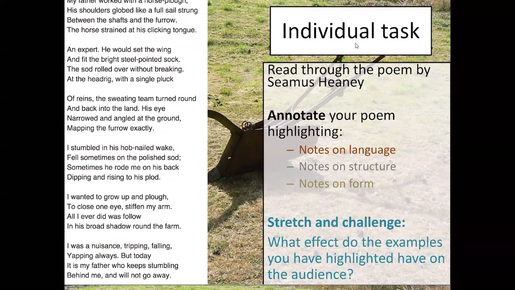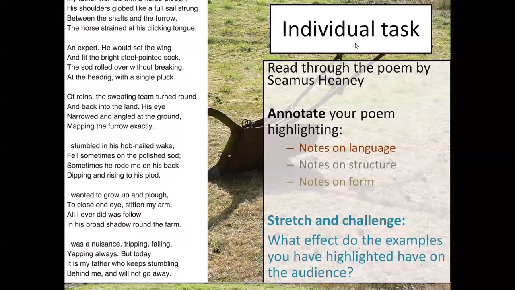But now, and we assume a substantial amount of time has passed since this memory of him working underneath his dad, it's his father who is stumbling behind him. Perhaps we can infer that that's because he's old and struggling in the latter years of his life. So this poem generally can be sort of summed up as a commentary on the relationship between a father and son, culminating in how that dynamic shifts as the years go on.